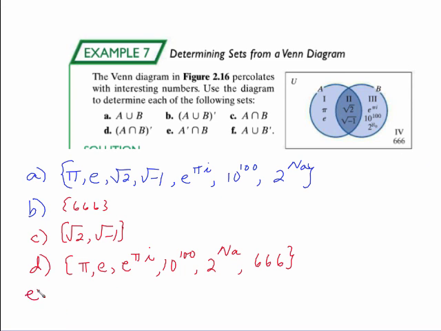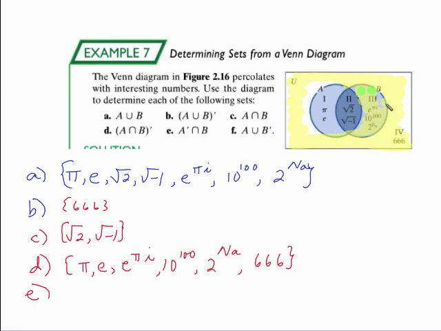I need A not intersect with B. A not is everything not in A. So I'm going to color everything except set A. That yellow is not A. And I need to intersect that with B. So I can change color here and intersect it with B. B is this part over here.